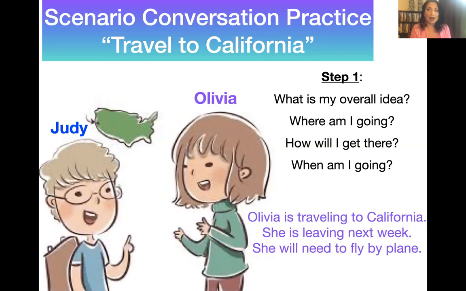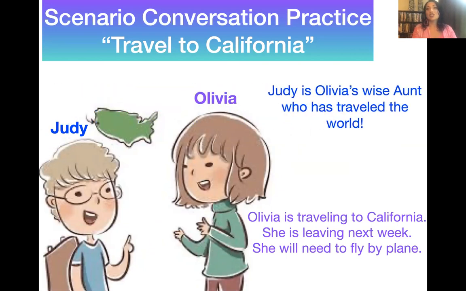She was going to California. She is leaving next week. She will fly by plane. So she is asking her Aunt Judy, who has traveled all over the world. And you guys came up with your own conversations from Judy and Olivia.